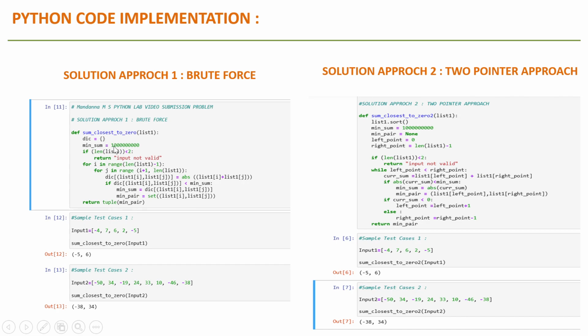Then I've considered this maximum value as 10 to the power of 9 as stated. Then I've used an if condition, because if in some case the input is given as a single element, that solution cannot be done, because we need two elements to go through in this particular problem. So if it is a single element, it will be an invalid solution.